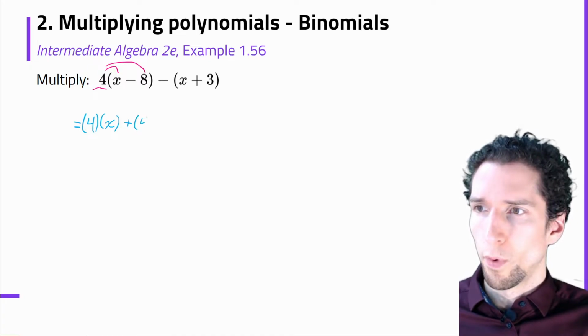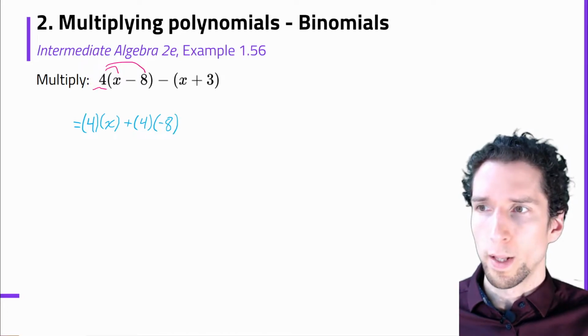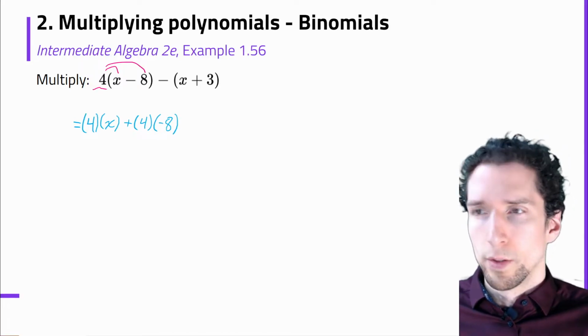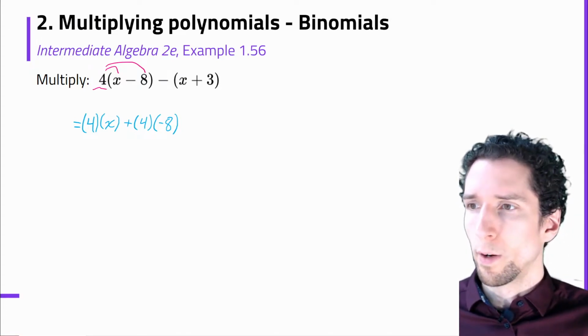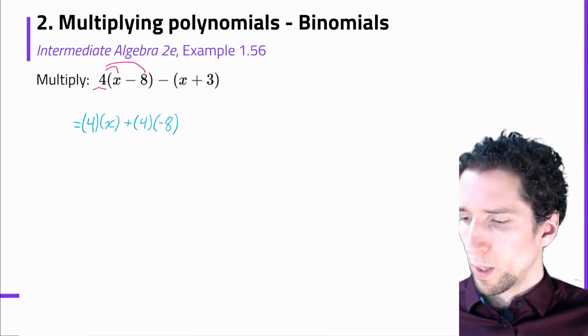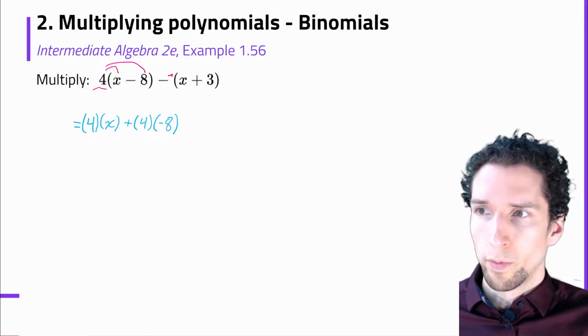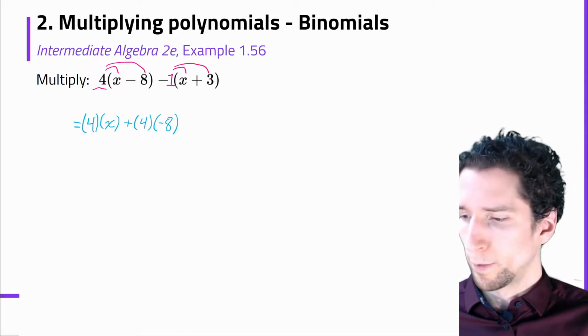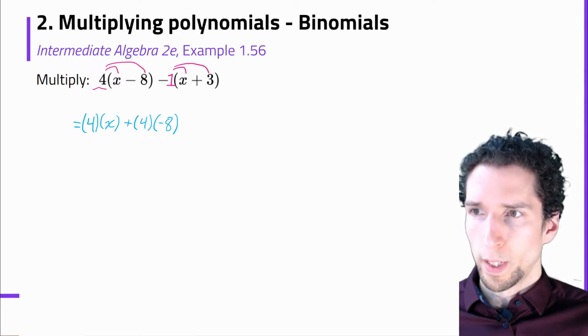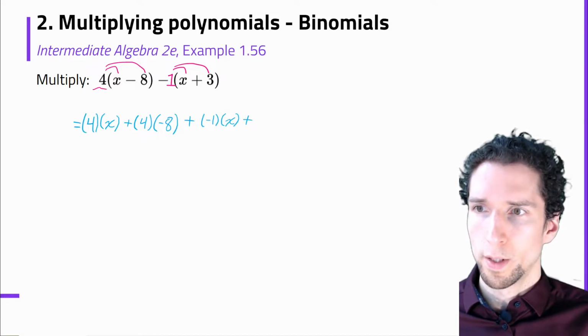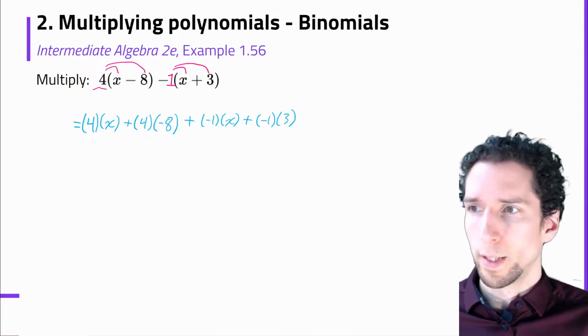So plus 4 times, and then we have negative 8 here, and that will turn into just minus, but just so we understand the parts involved here. With the next one, we might think, okay, there's nothing there, but really we have a 1 in front. So we have this -1 we are multiplying by each thing. So let's write this way, plus -1 times x, and also plus -1 times 3, like this.